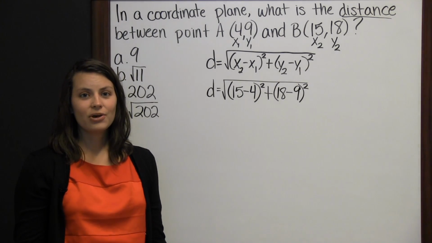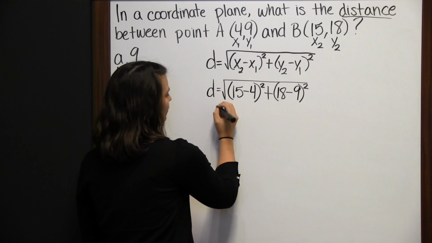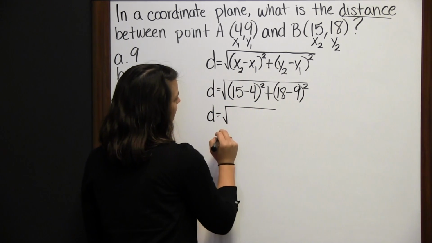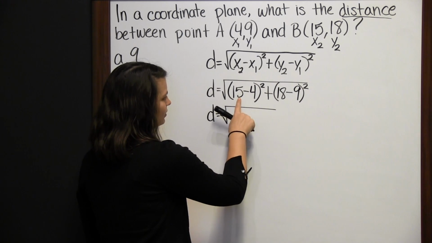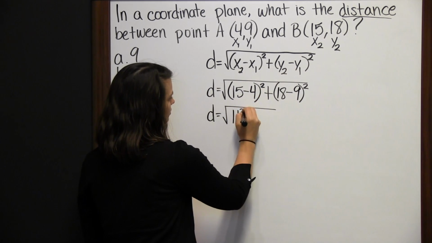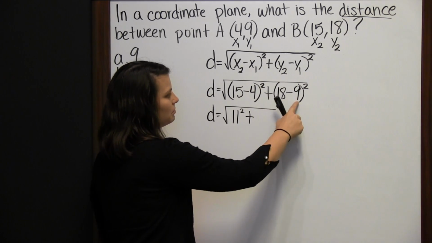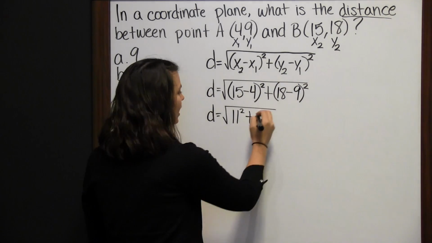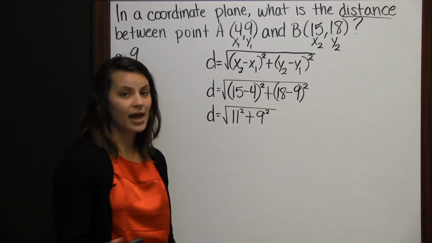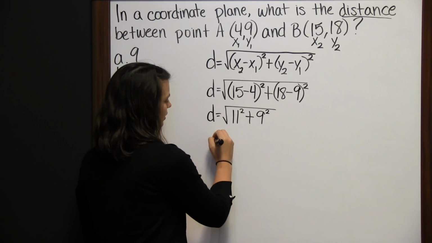And now we need to follow our order of operations, which means grouping symbols first. So distance equals the square root of 15 minus 4 is 11 squared plus 18 minus 9 is 9 squared. Next, our order of operations tells us to take care of our exponents.